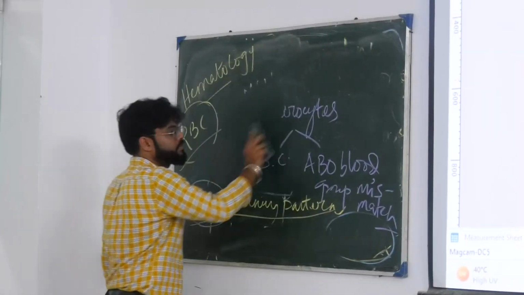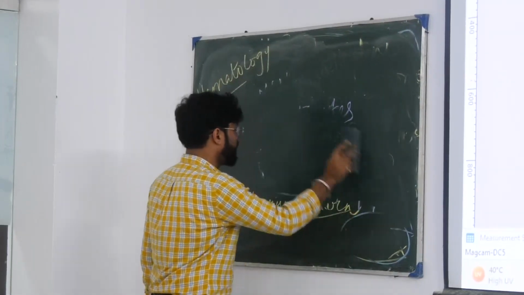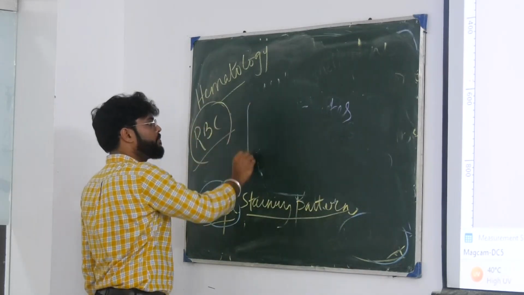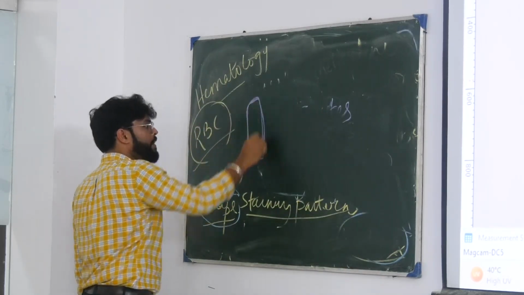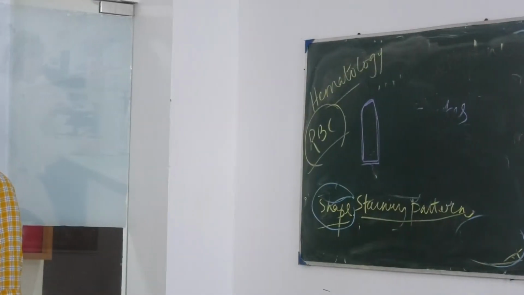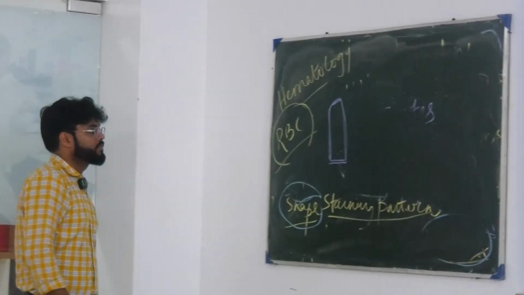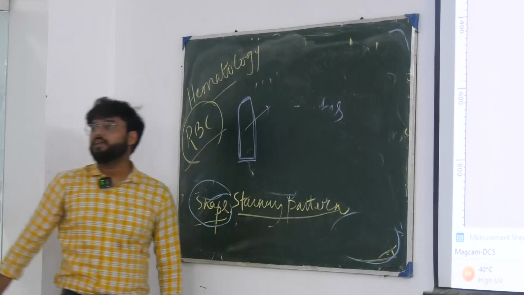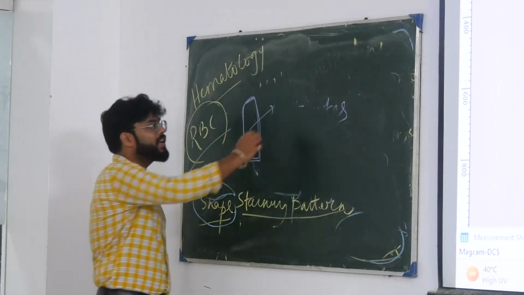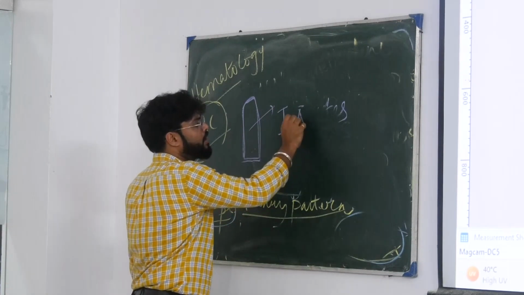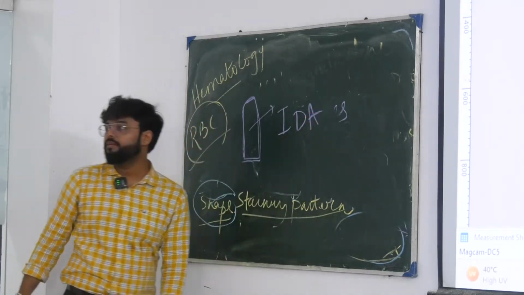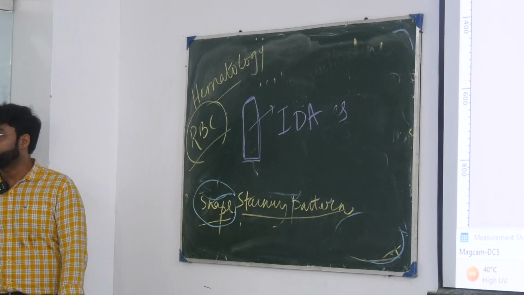Next, if the cells are pencil-like, they are known as pencil cells. Ideally, pencil cells are found in iron deficiency anemia. Okay, iron deficiency anemia.